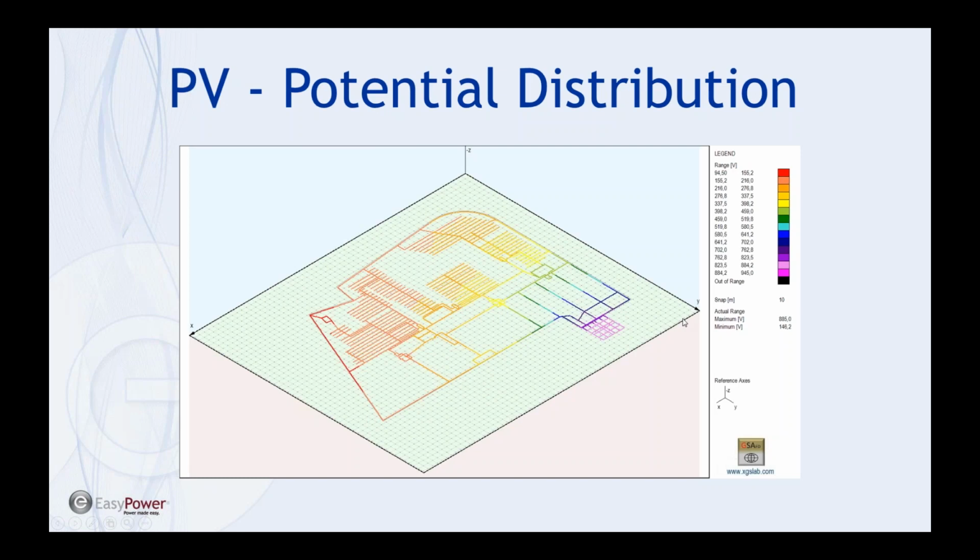Likewise with the current leakage distribution, you've got this one showing the potential distribution, and it shows what potential each conductor has been raised to because of the fault. And so again, we see the highest potential in the substation on the far right side there. And as you get away from the substation, due to the impedance of the conductors, the potential rise on each conductor goes down, where on the left side of the site, the conductor potential is somewhere between 94 and 155 volts.